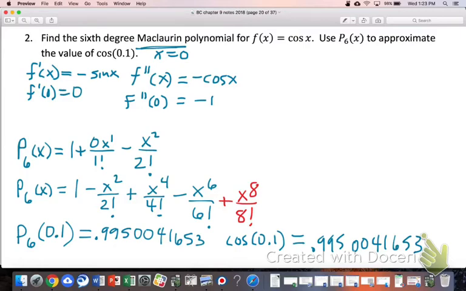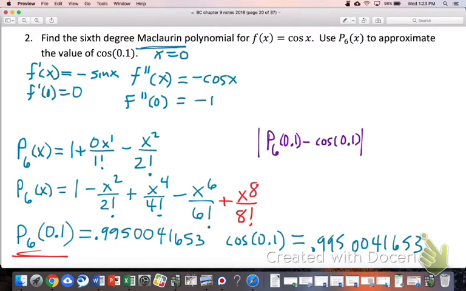So then if I thought about this, when we found p sub 6 of 0.1, didn't we just plug a 0.1 in there? So what I can then do is I can say this. I'll attempt to use some very good notation. I'm going to say that the absolute value of p sub 6 of 0.1 minus cosine of 0.1 would be my error, right?